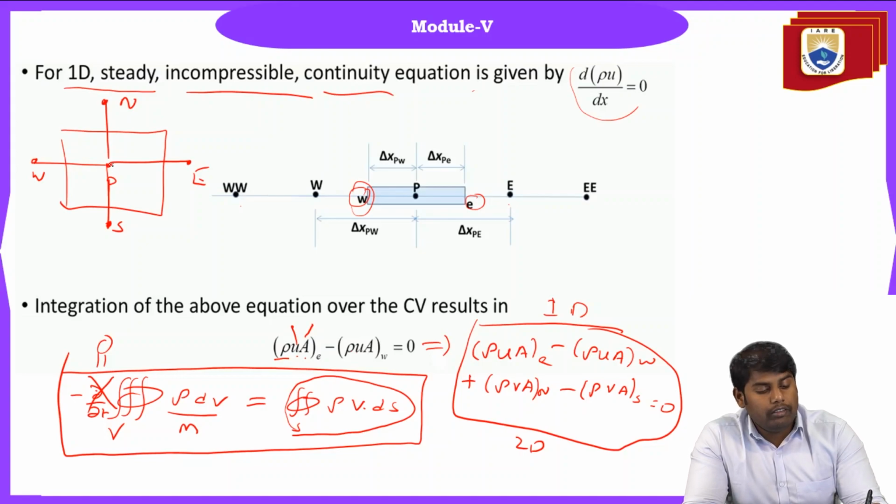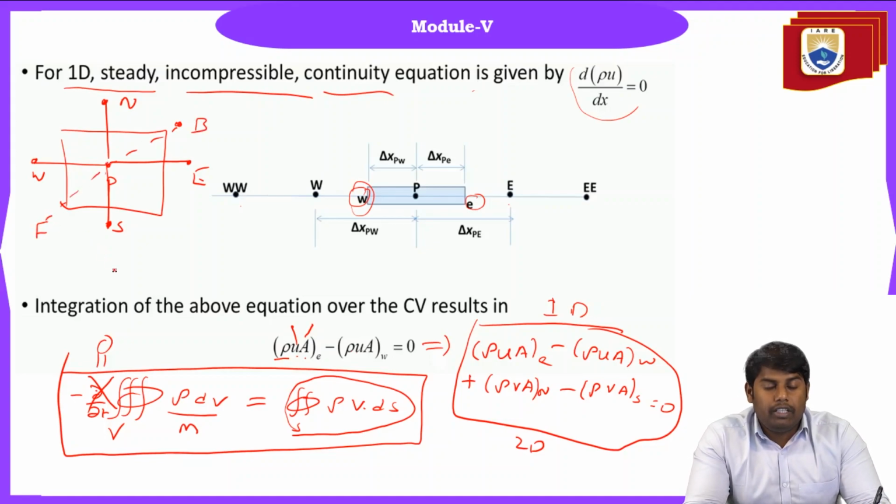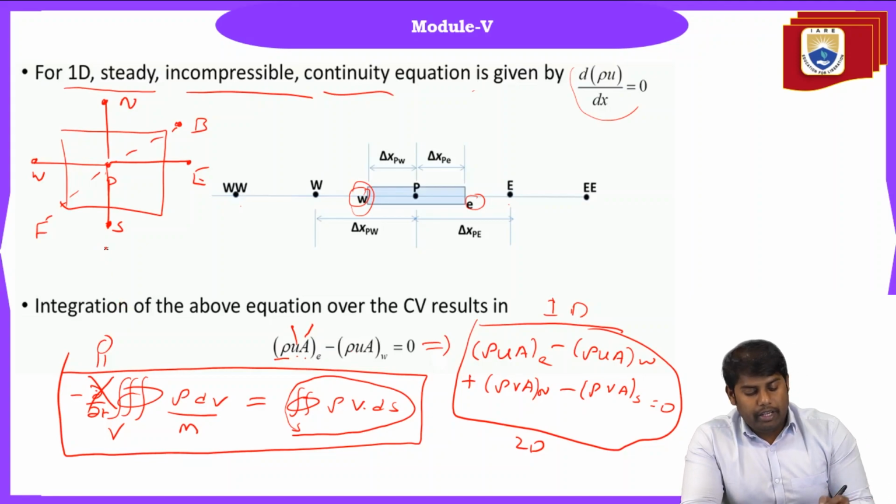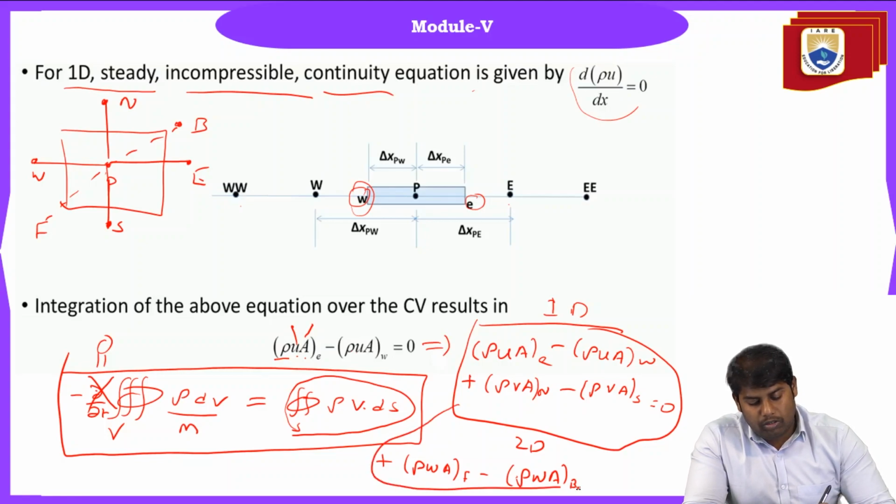For 3D, what do we have? Additionally we have back, and let's say this is front. So additionally we have plus rho w A of front minus rho w A of back. If we add this too, it will be the combined 3D.